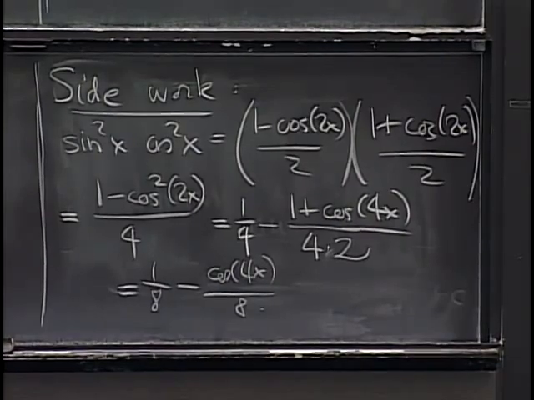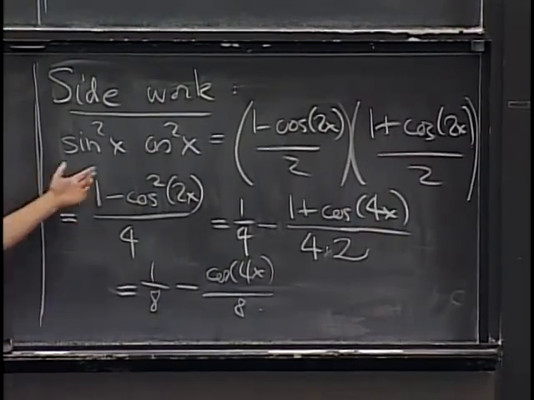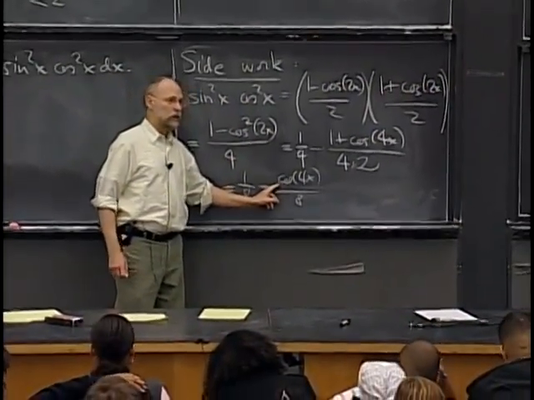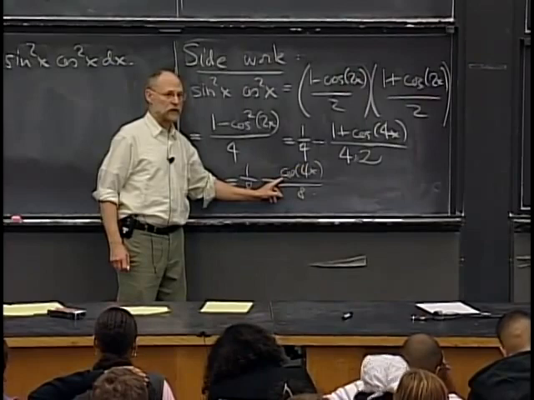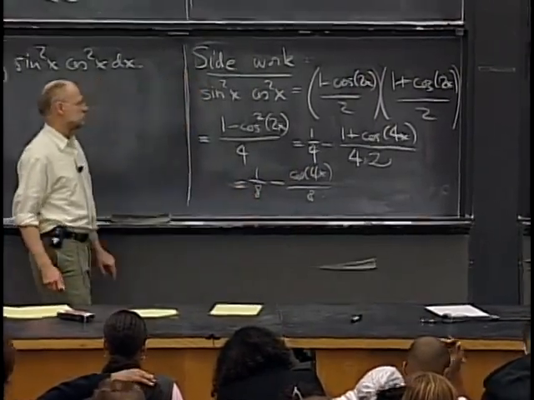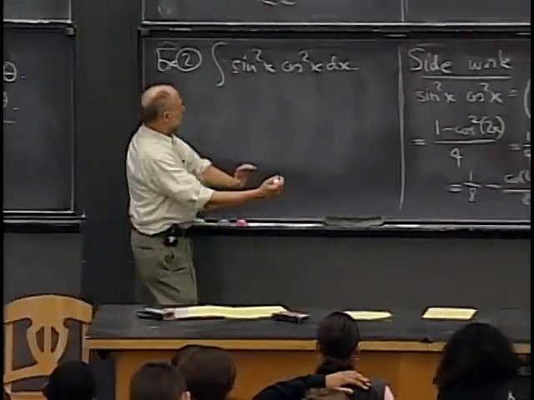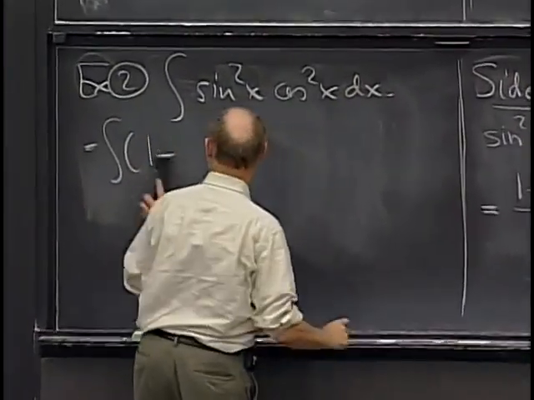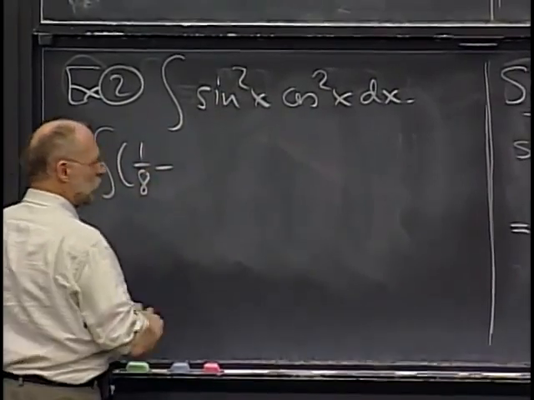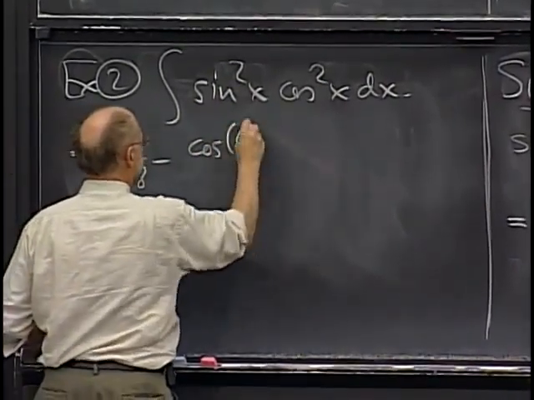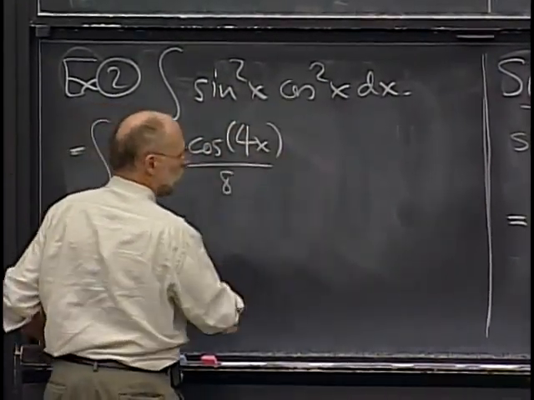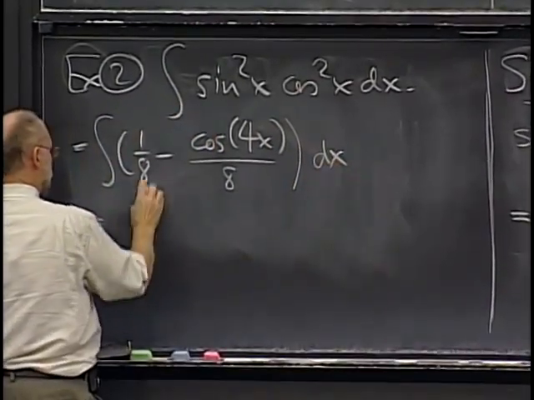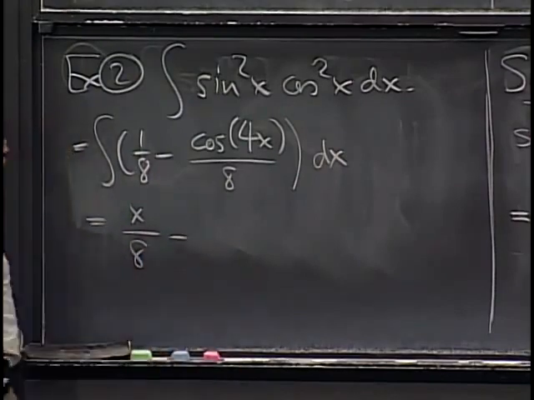I just did some trig identities over here and rewrote sine squared times cosine squared as something which involves no powers of trig, just cosine by itself, and a constant. So I can take that and substitute it in here, and now the integration is pretty easy. 1/8 minus 1/8 cosine of 4x, over dx, which is, okay, the 1/8 is going to give me x over 8.